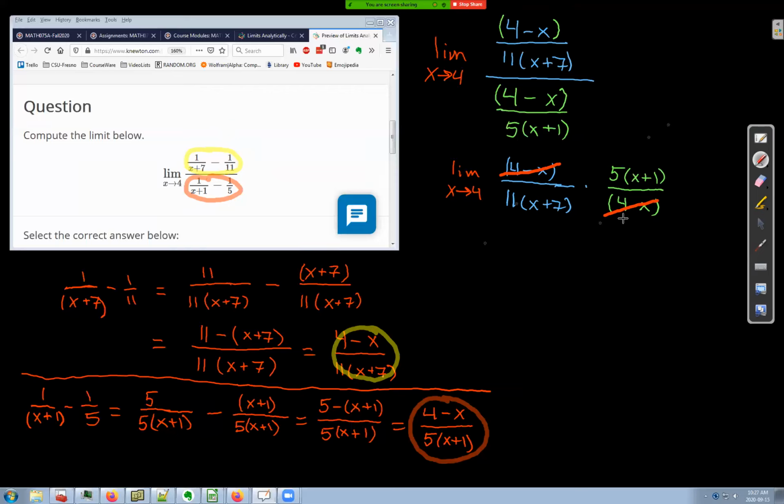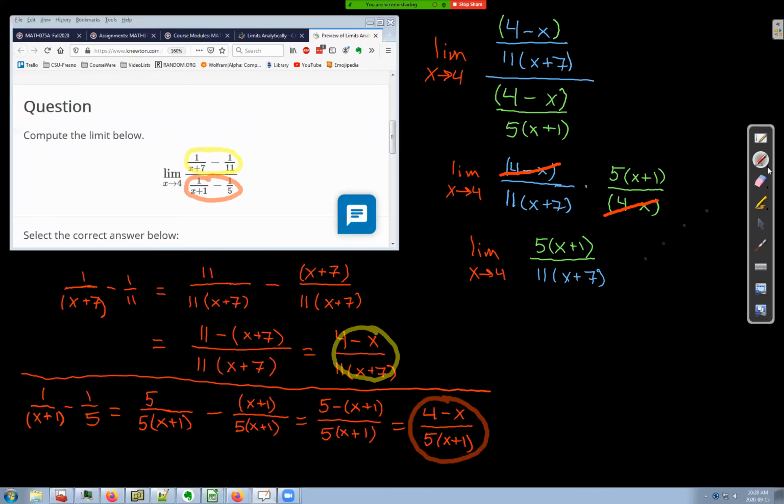So what we've got is the limit as x goes to 4 of 5 times x plus 1 divided by 11 times x plus 7.